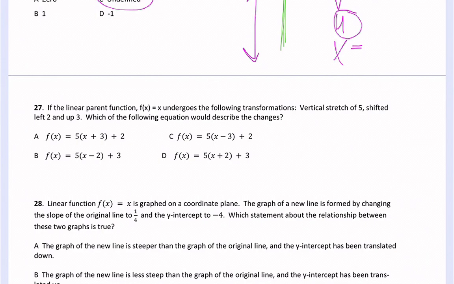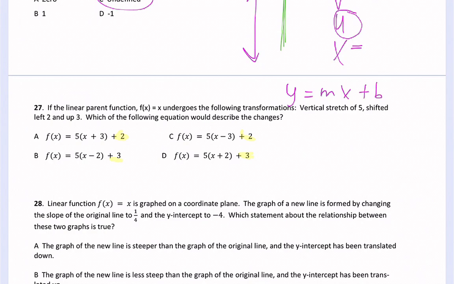Okay, if the linear parent function f of x equals x undergoes the following transformation, we want a vertical stretch of 5, and we want it to shift left 2 and up 3. Which of the following equations would describe the changes? Okay, so what I like to look at is the last number in each equation. The reason I like to do that is because y equals mx plus b.